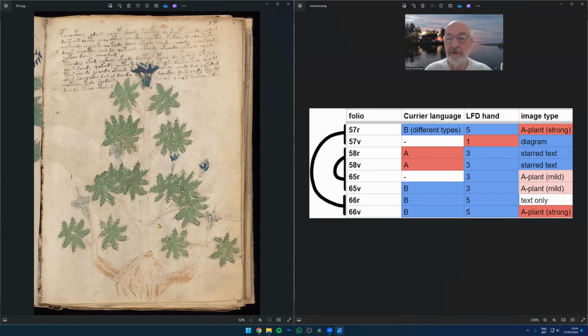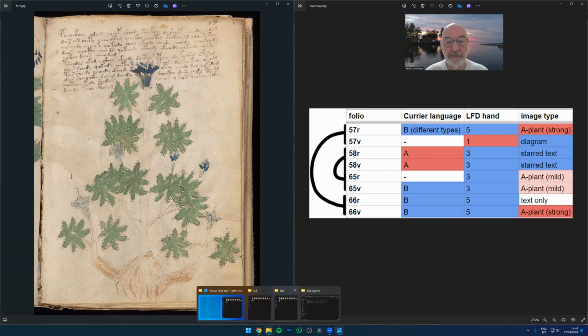So maybe the drawings were made just by 2, and the text was added by, in the herbal, mainly 3 to 4, for example. Having that in mind, if 2 persons made the drawings and then 3 or 4 added the text later, then maybe it all can fit together somehow in a system. Yeah, right. But that's again something for Lisa to check.